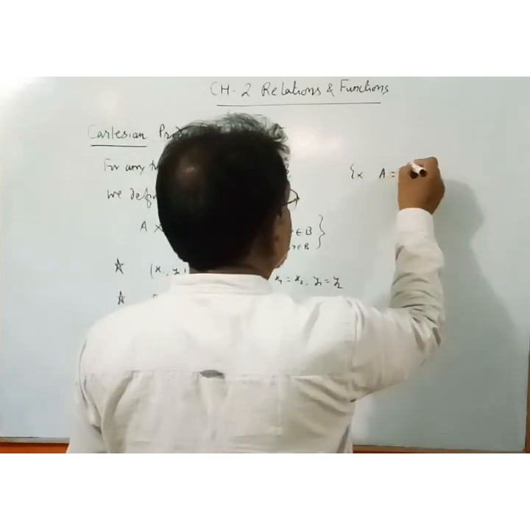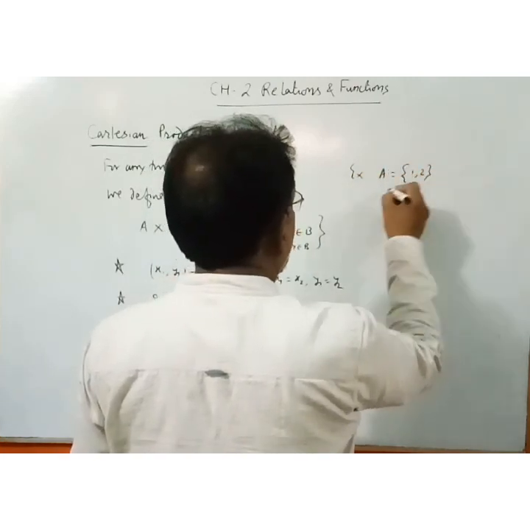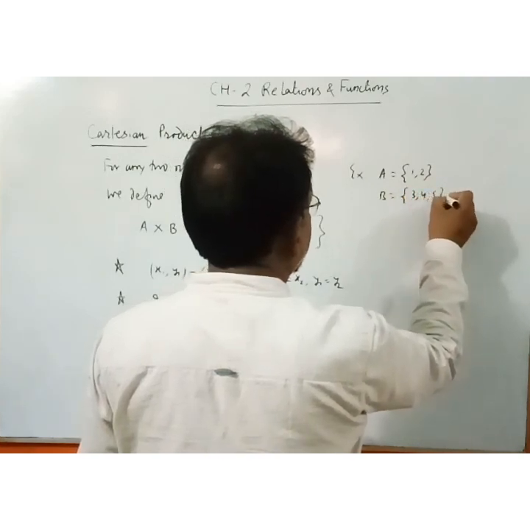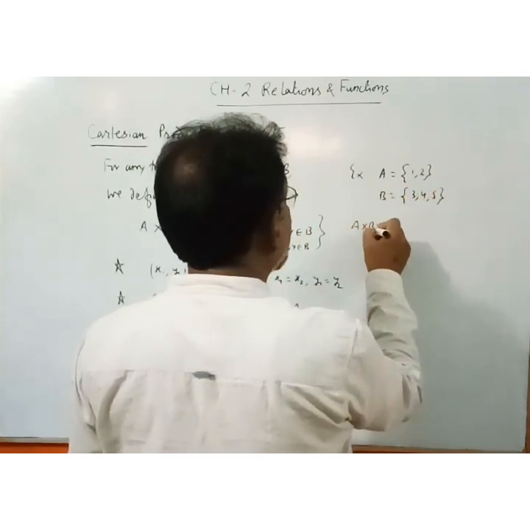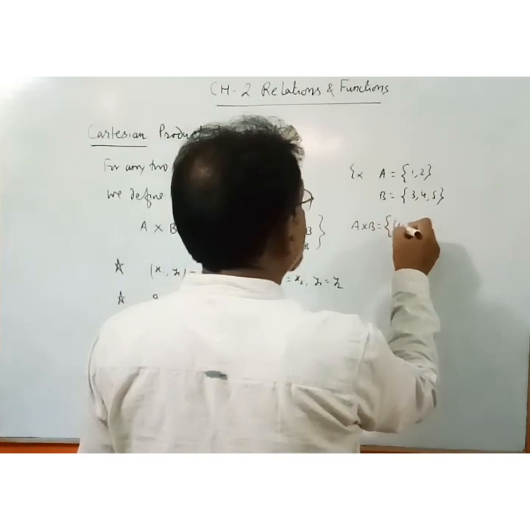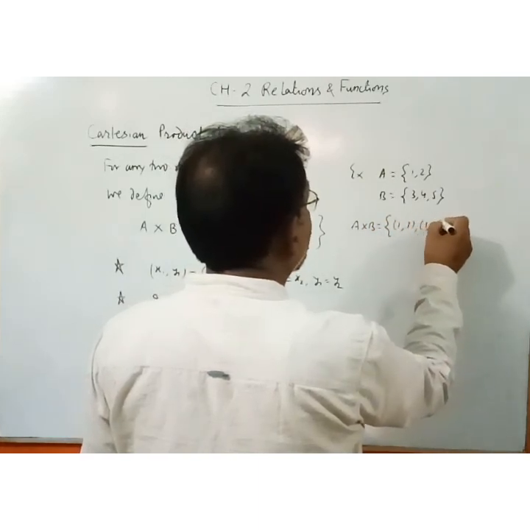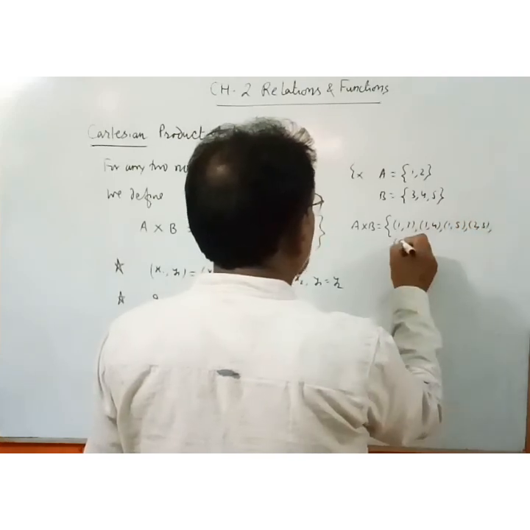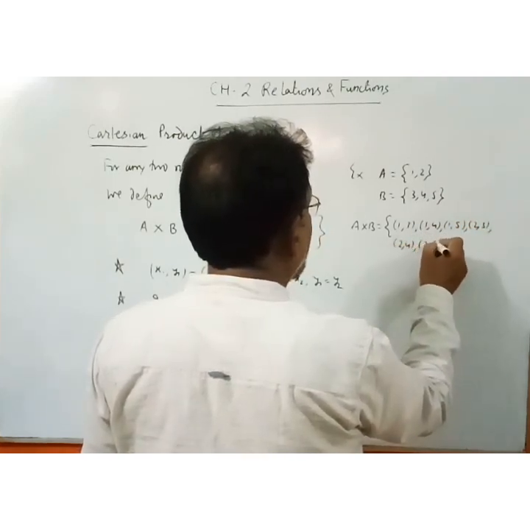Suppose A is the set {1, 2} and B is the set {3, 4, 5}. Then A cross B will be equal to {(1,3), (1,4), (1,5), (2,3), (2,4), (2,5)}.